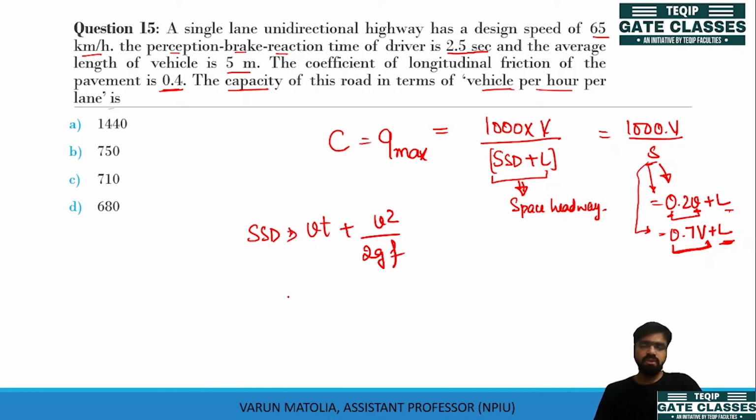Let us write it as V into 2.5 seconds plus V squared over 254 f. You can write it as 0.278 in multiplication, or you can write 3.6 in division.